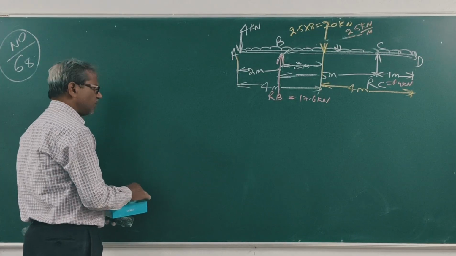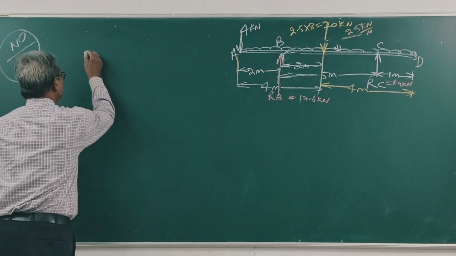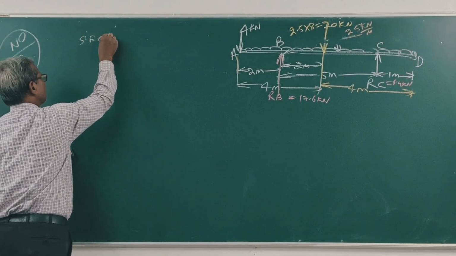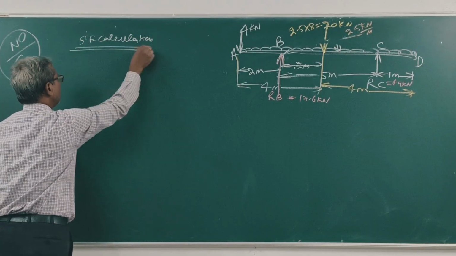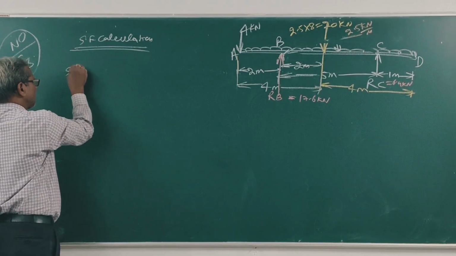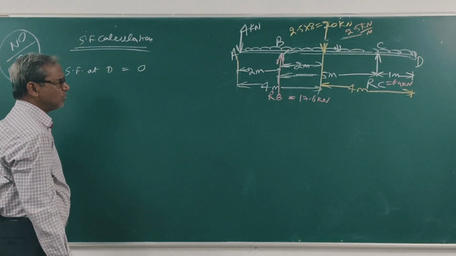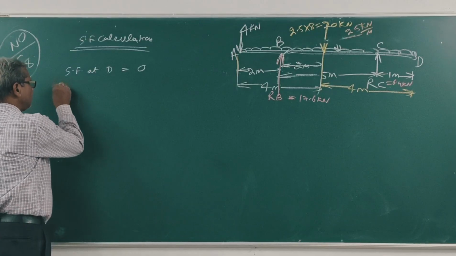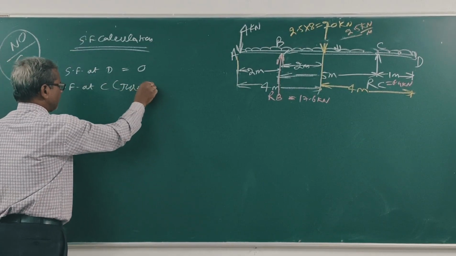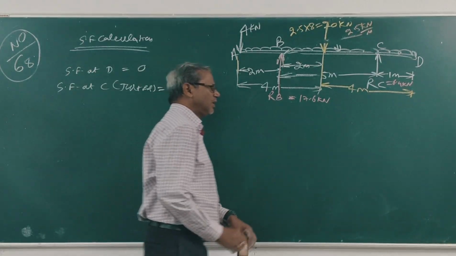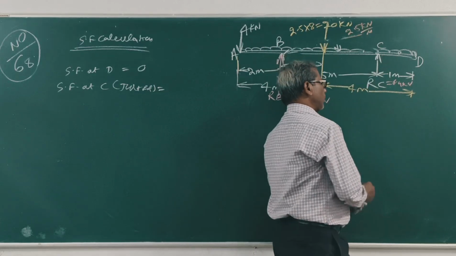Now shear force calculation. Shear force at D is 0. Let us just write, at D, 2.5 into 1. This is 2.5 into 1.